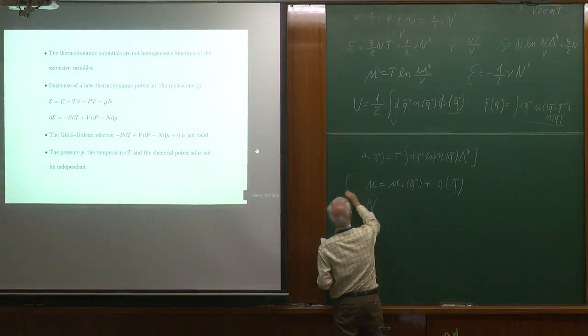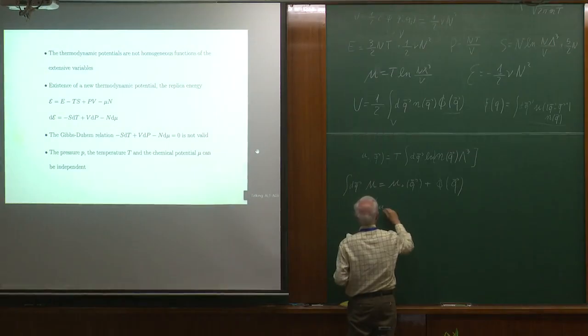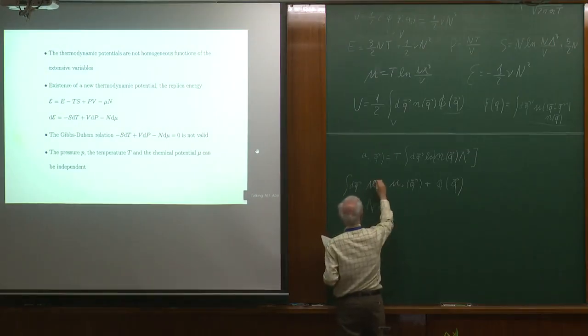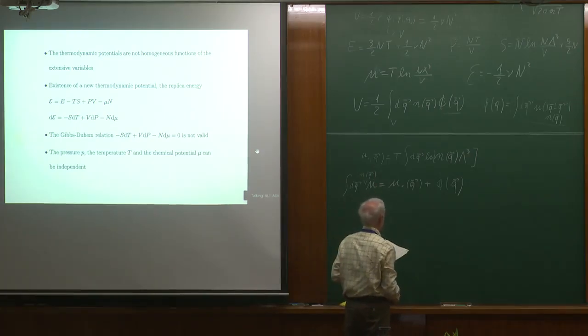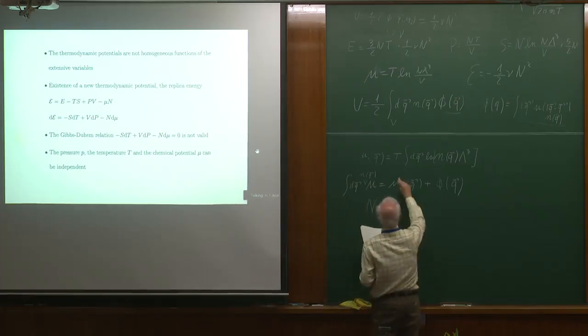Integrating this on dq, you get n mu. Sorry, multiplied by n of q. You get n mu, since the integral of this is simply the total number of particles.